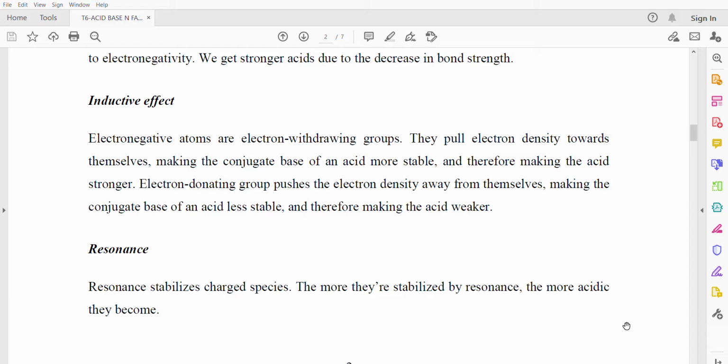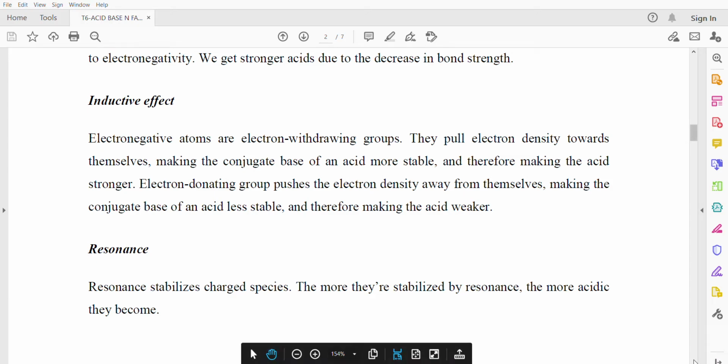Electron donating groups push the electron density away from themselves, making the conjugate base of an acid less stable and therefore making the acid weaker.